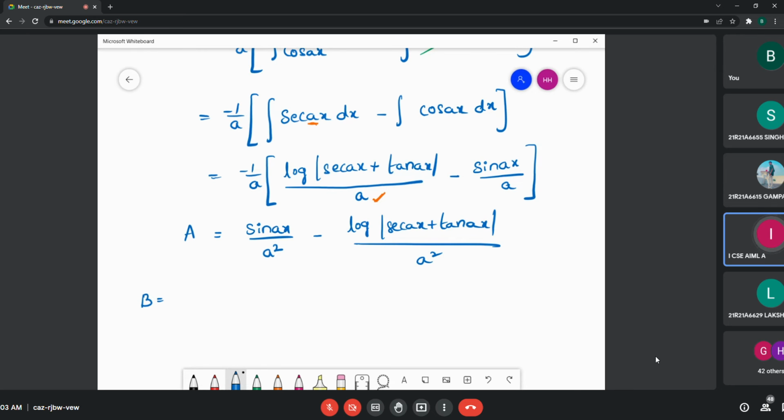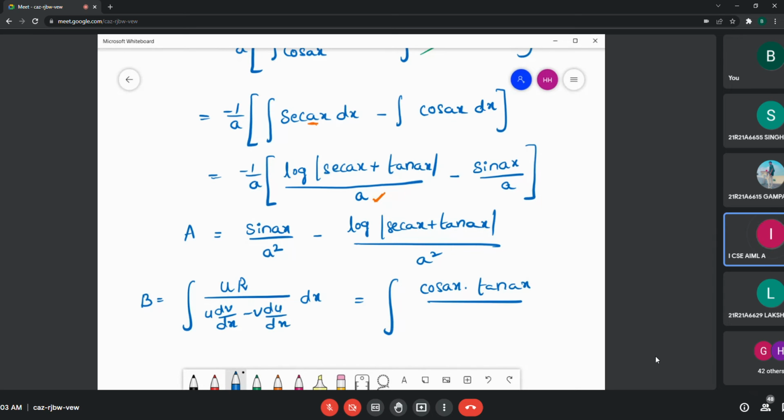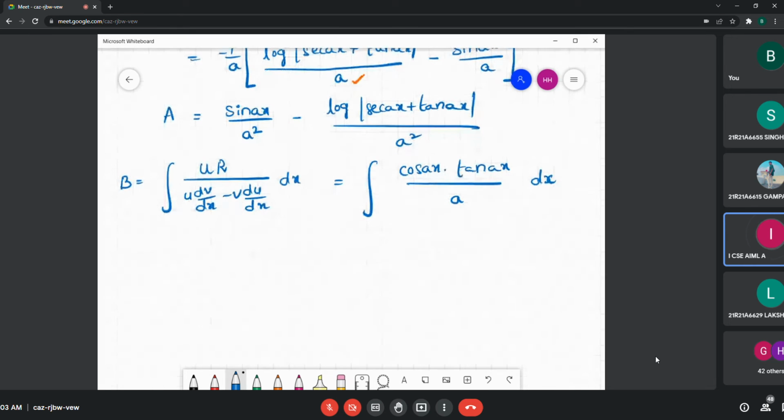And now finding the value of B, which is equal to integral u into R divided by u into dv by dx minus v into du by dx, into dx. So this is equal to integral, here the u is cos ax into capital R is tan ax, divided by a into dx. So this is equal to 1 by a integral cos ax into tan, which is sin ax by cos ax dx.